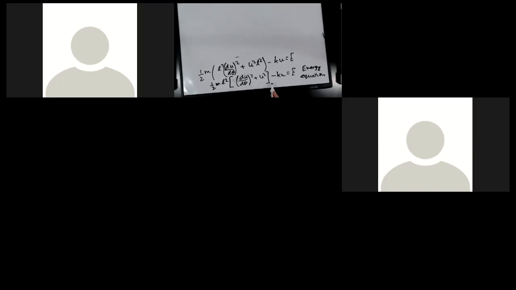But I can move the k u over to the other side and the m L squared over 2. I keep wanting to make that a second derivative.